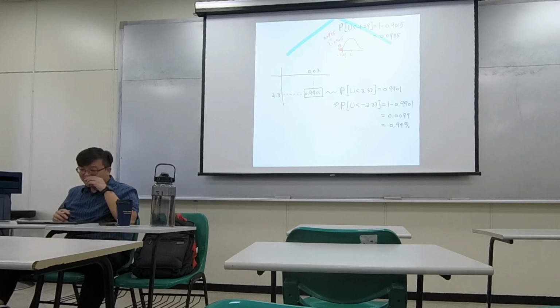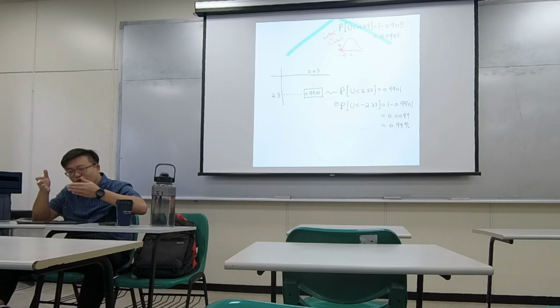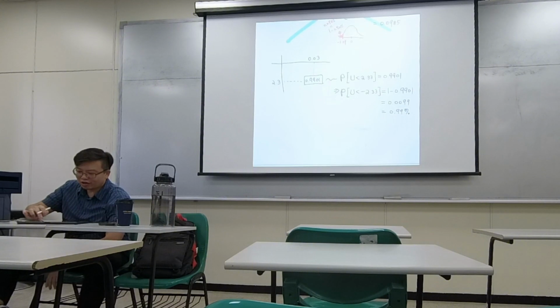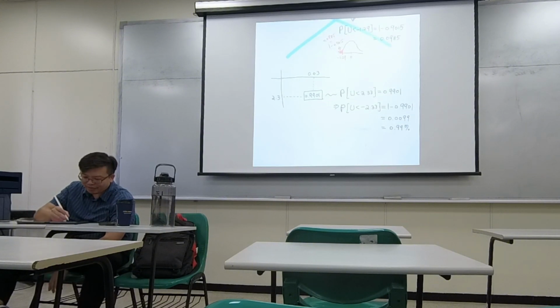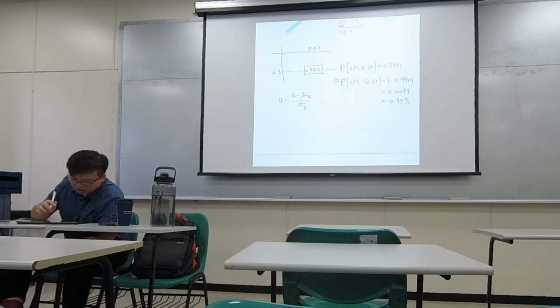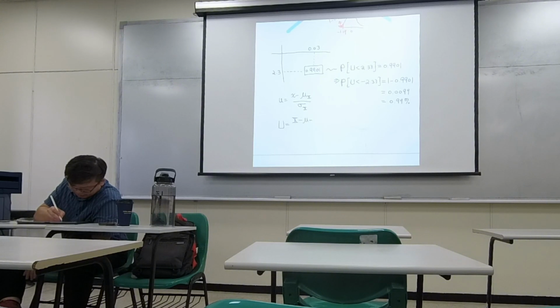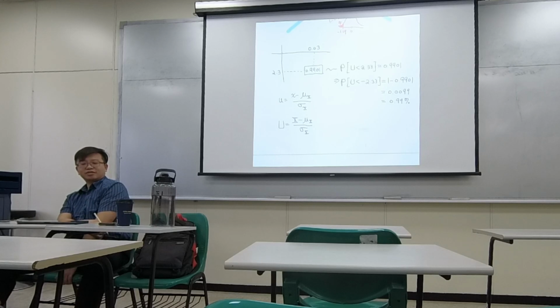So now I want to convert this U back to my original space. Earlier I had U equals X minus mu X over sigma X, right? So how about capital U? It will satisfy this.